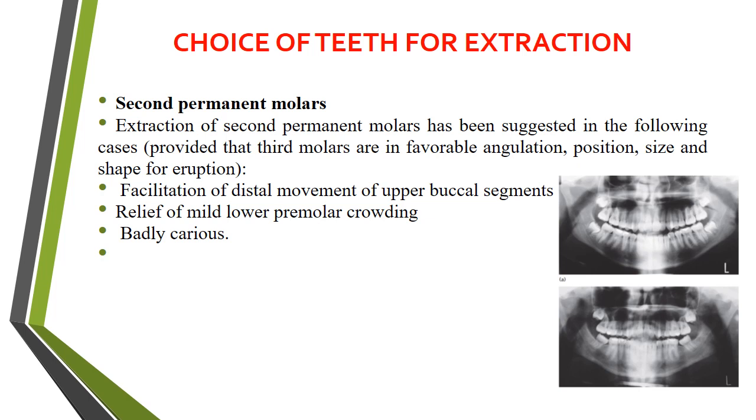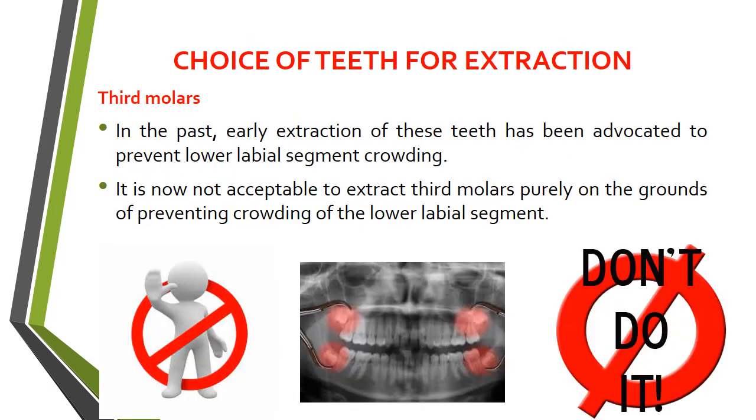Also, if we have a mesial drift of the upper first permanent molar, like in cases of early extraction of the second primary molar, and we want to distalize the 6s, sometimes we need to extract the 7s. Also, if we have a mild lower premolar crowding, and finally, if they were badly curved.